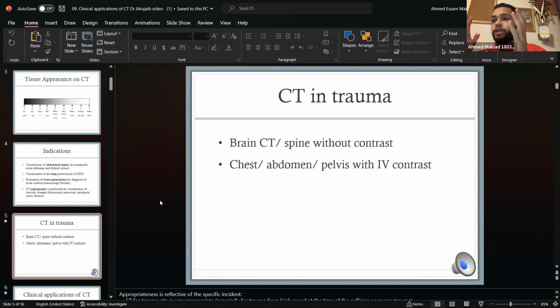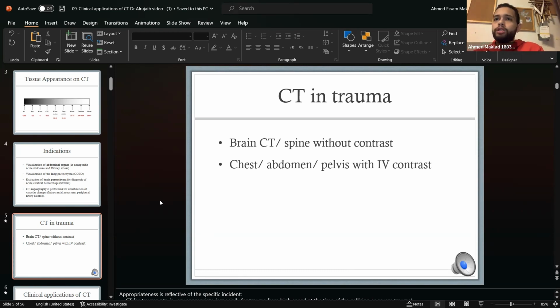Exactly. It rules out hemorrhagic stroke. You're not trying to see the infarct. You're trying to see if there's bleeding or not, right? And that's the only reason you use brain CT in a stroke patient, right? You use it to rule out hemorrhagic transformation or hemorrhagic stroke in the patient, all right?